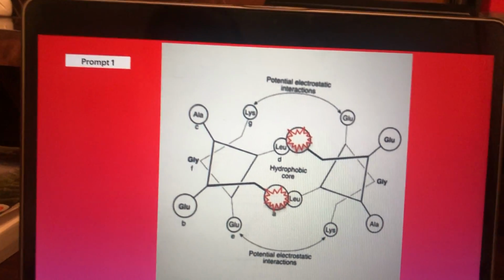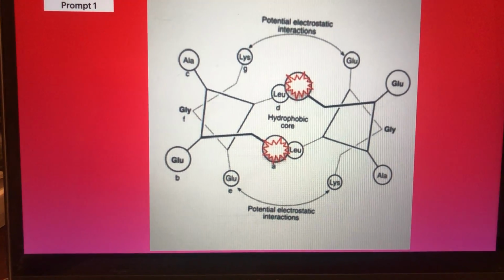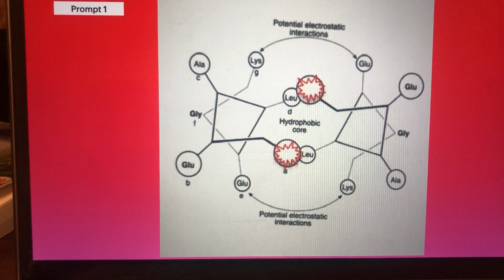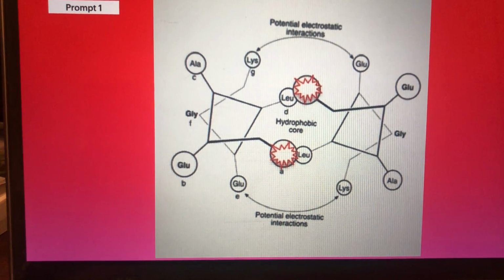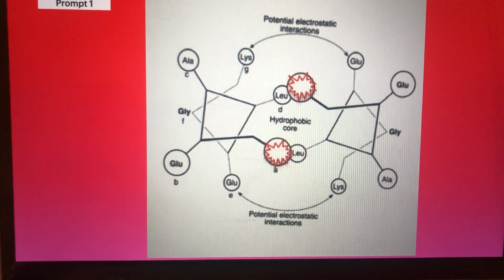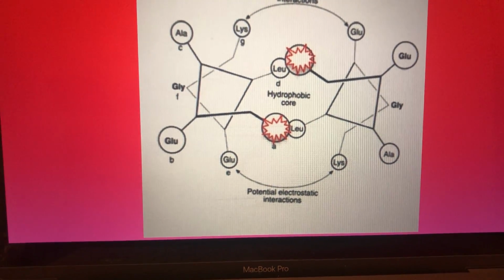Alpha helices are also secondary structures, because this is the way these amino acids interact with each other to form their regular shapes, which are usually the alpha helices or the beta pleated sheets.